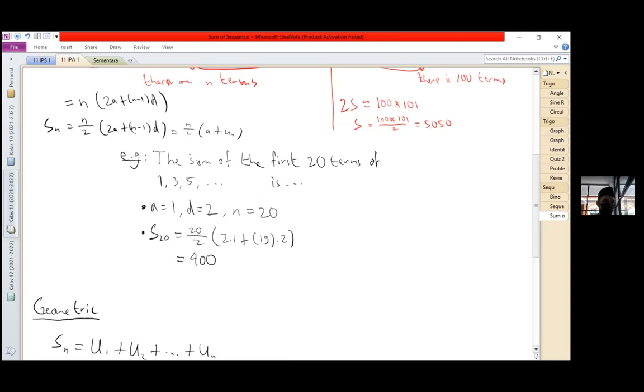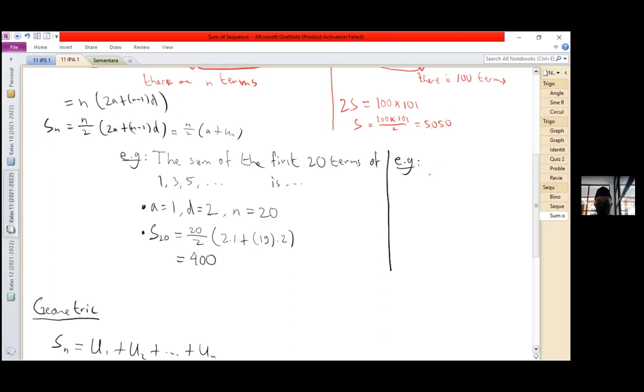So the next example. Sometimes you will also be asked to find the difference or the number of terms.